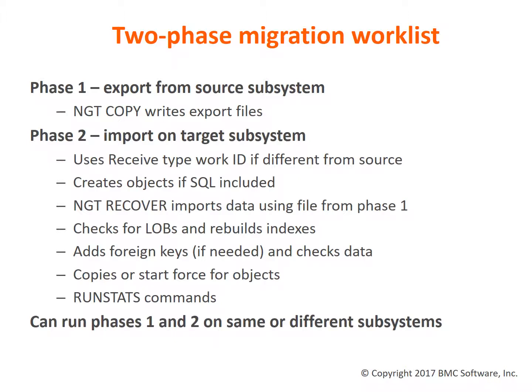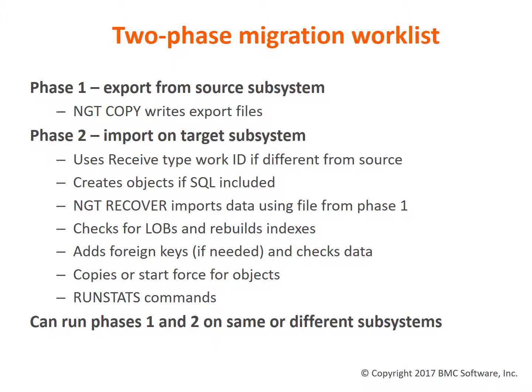BMC NGT copy identifies which image copies to use and creates export files that contain identifying information. Phase 2 is executed on the target DB2 subsystem. The first thing to happen is the create SQL for the objects being migrated. If you were doing a data-only migrate, the creates would not be in the work list.